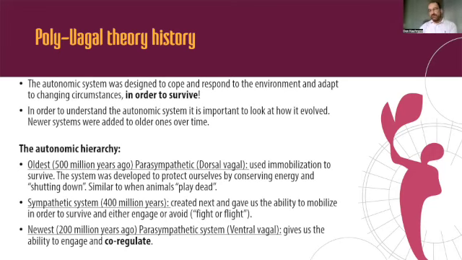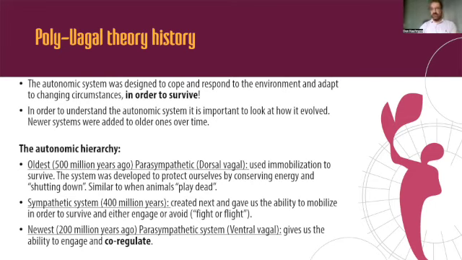In the more archaic or old creatures in evolution, the autonomic system was created, and it used the most primitive form, which is immobilization. It used that strategy in order to survive.